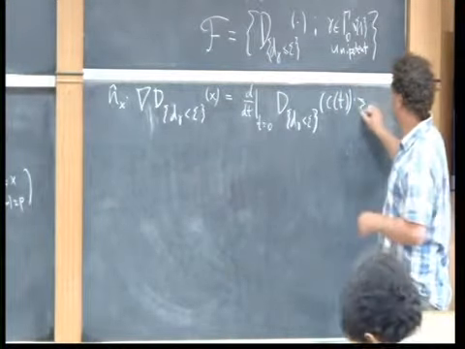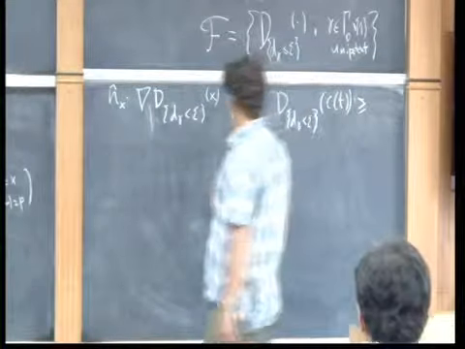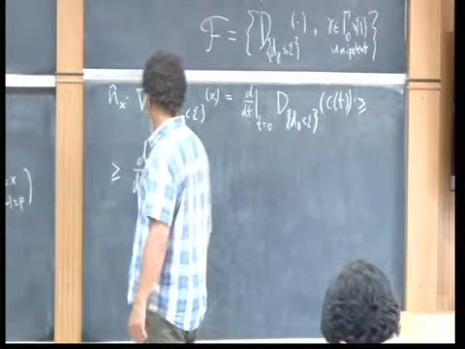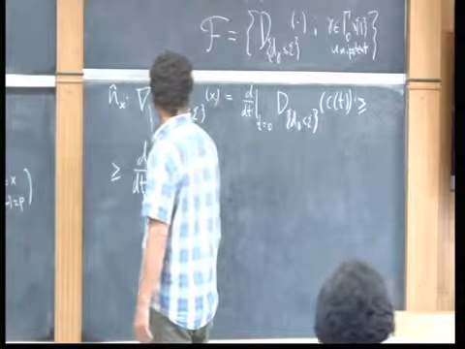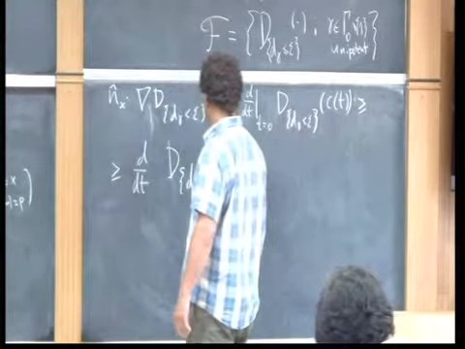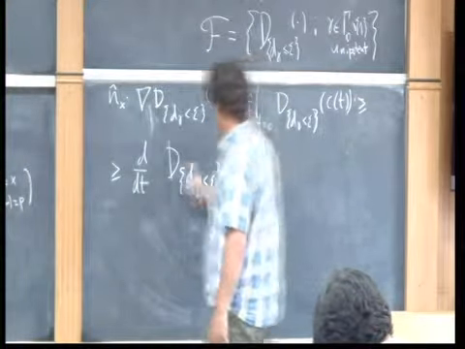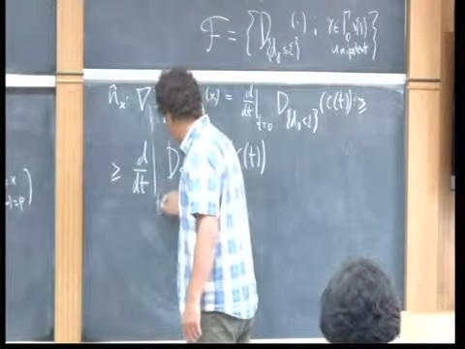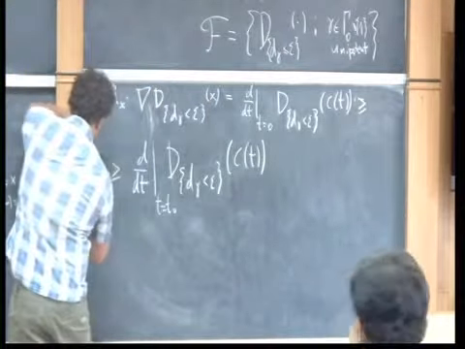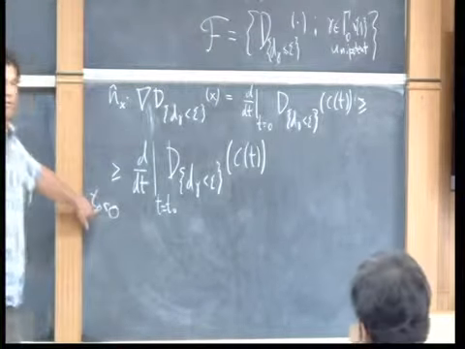Now, this is greater than or equal, because this function is convex, to d/dt of the same expression, exactly the same, but when I compute it at some point in the past, t0 less than 0. And what will t0 be?